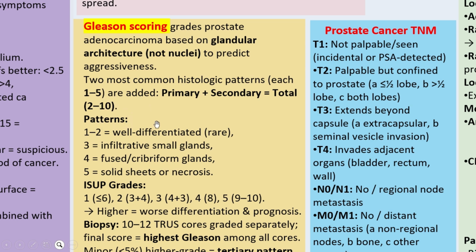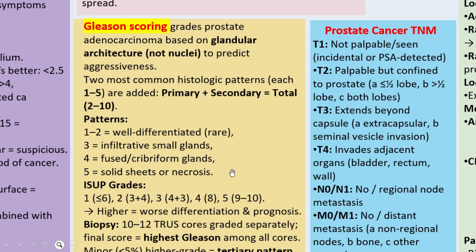So the patterns we have: 1 to 2, which is well differentiated, and then 3, which are infiltrative small glands, then 4, where we have fused cribriform glands, and 5, where we have solid sheets or necrosis. So this is basically just showing us how differentiation is worsening as we go down.